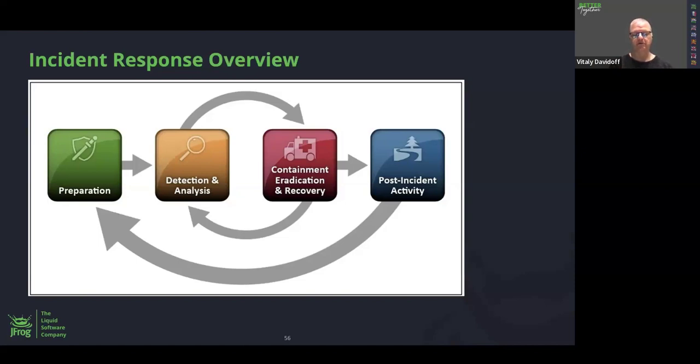We also have the detection and analysis. So first of all, we need to detect that something wrong happened, that we're under attack, and then analysis, to analyze what it is. We also have the recovery and mitigation, where we actually take the action.